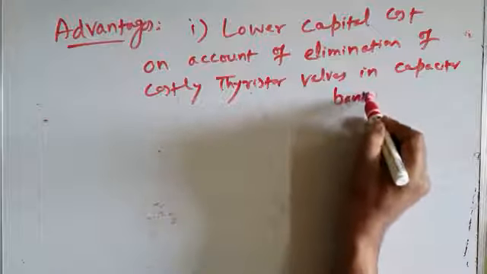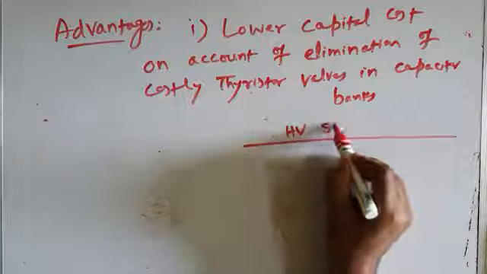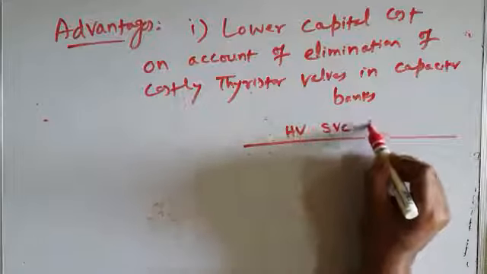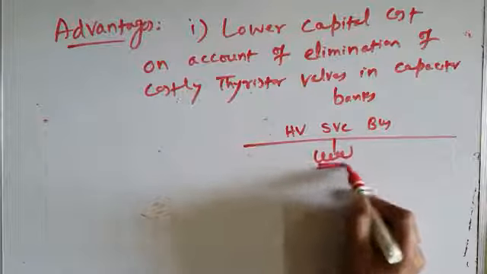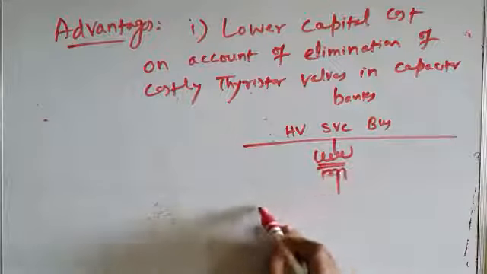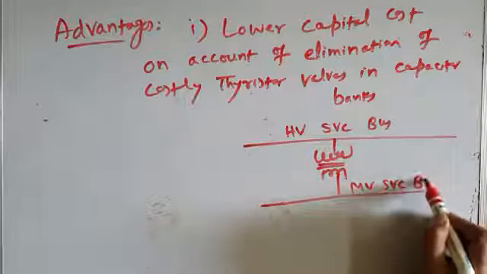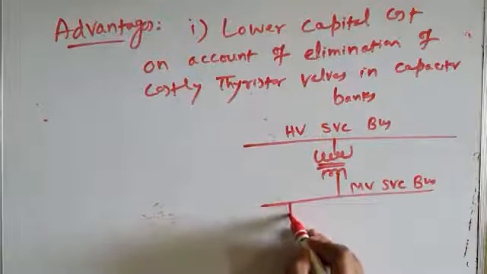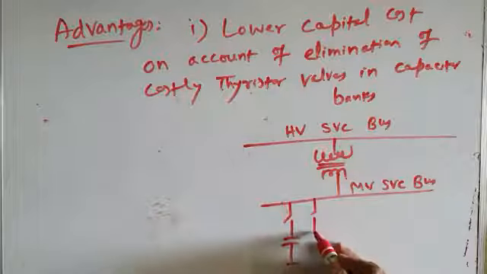In the capacitor banks, let me draw the diagram again. I should not have erased it. High voltage SVC bus. Then we have a step down transformer like this, and we have the medium voltage SVC bus. And these are mechanically switched capacitors like this.